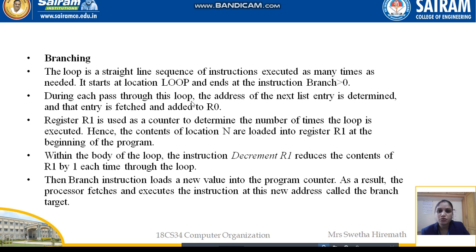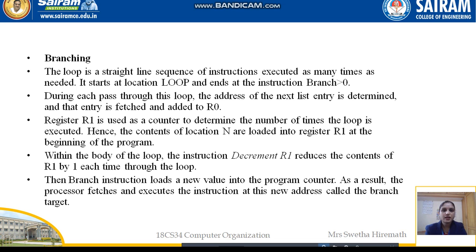During each pass through this loop, the address of the next list entry is determined, and that entry is fetched and added to R0. Register R1 is used as a counter to determine the number of times the loop is executed.